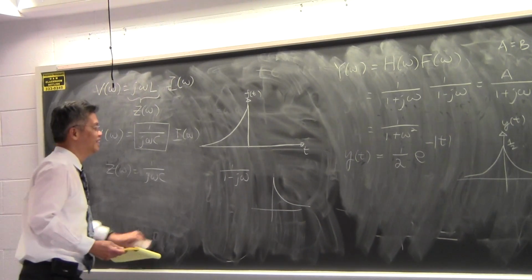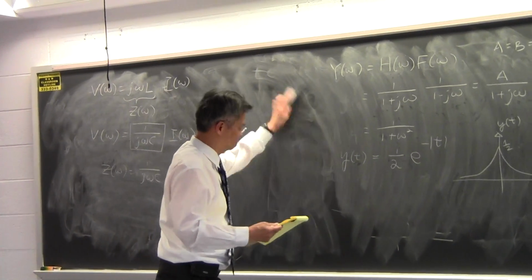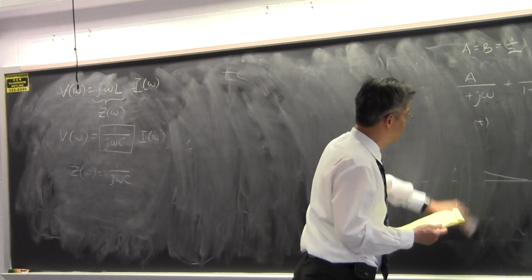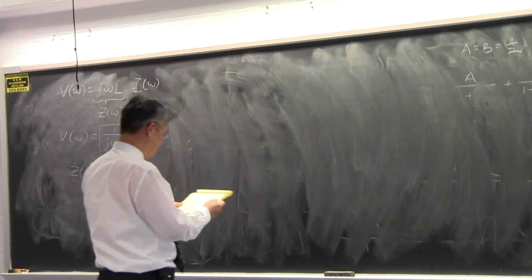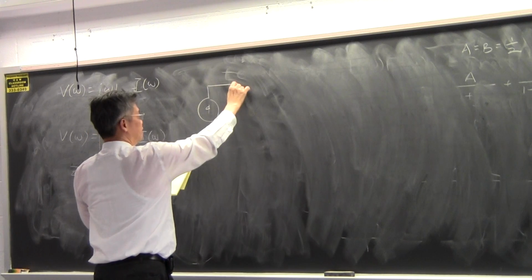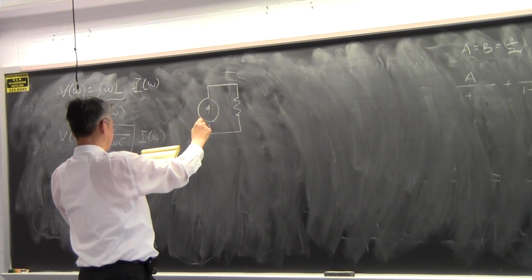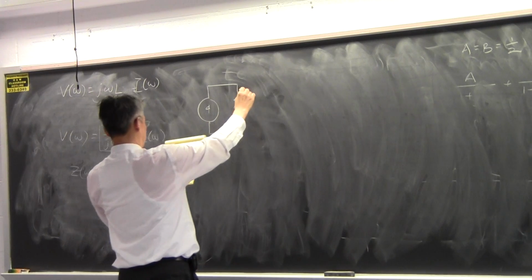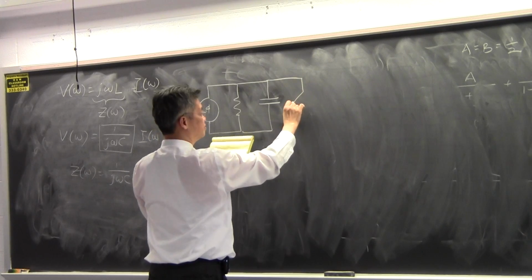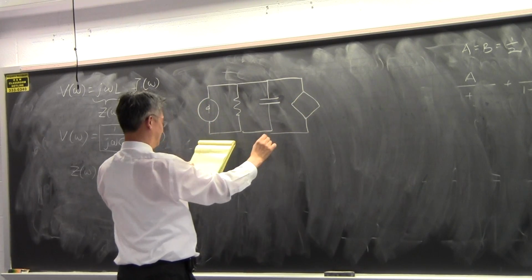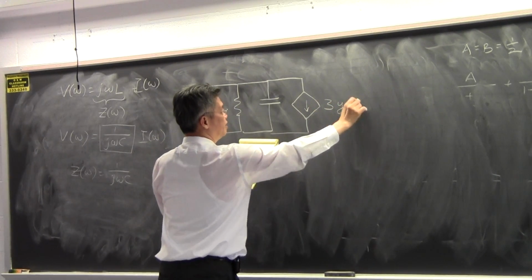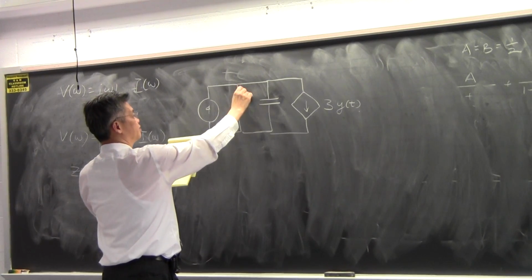So if I have a very complicated circuit, which would be something requiring you to solve first and second order ODEs, say I have a simple circuit that looks something like that, and then this is a current dependent source, say 3y of t, and y of t is this voltage over here.